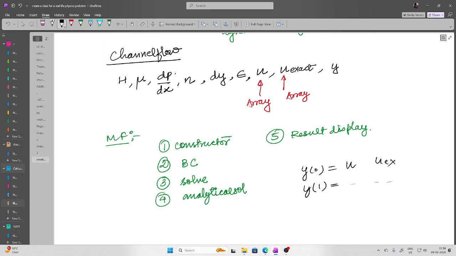Then we will be transferring our data onto Excel so that the problem can be viewed graphically as well, to check whether we are getting the same answer that was expected.